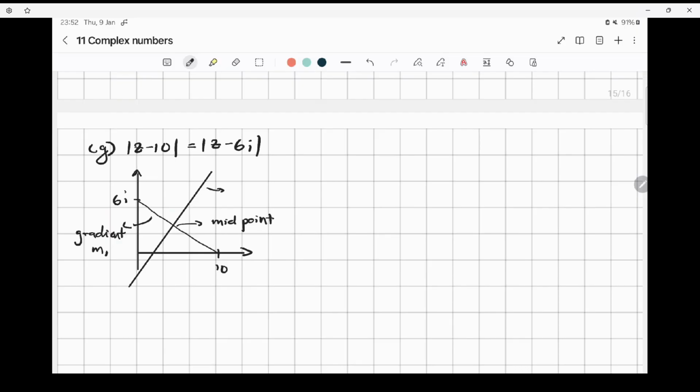So over here, you need to find the equation of the line using the midpoint and the gradient. Also, you need to use M1 M2 equals minus 1, for example. But now we are just sketching, so you don't need to be that accurate. So this will be the locus.